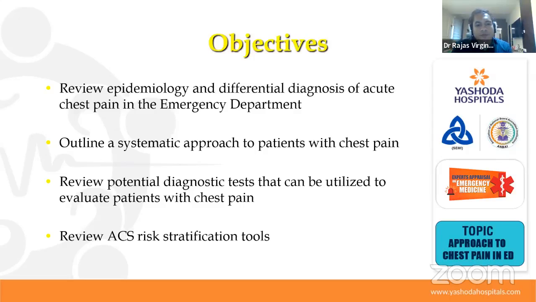Also, we can review some of the potential diagnostic tests which can aid in evaluation and narrow down the symptomatology towards the diagnosis in patients coming with chest pain. We can also review the risk stratification tools for acute coronary syndrome as well.